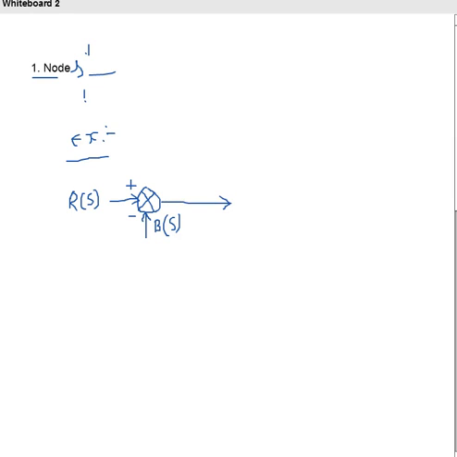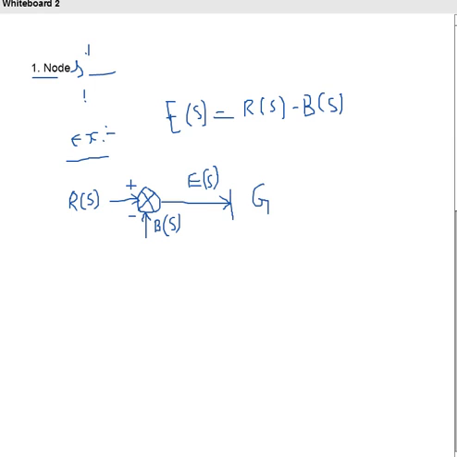The error signal between the input and feedback signal is represented as E(S). What is E(S)? The summing point sums all the incoming signals. Since R(S) is given plus and B(S) is given minus, the error signal is E(S) equals R(S) minus B(S).